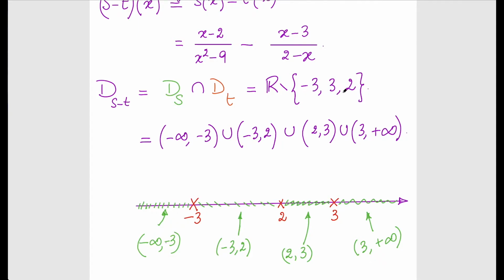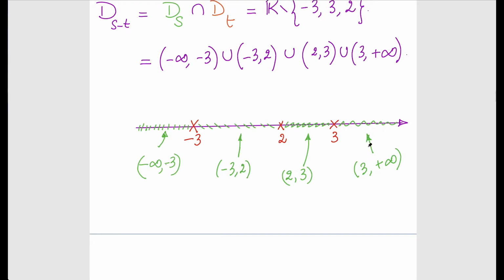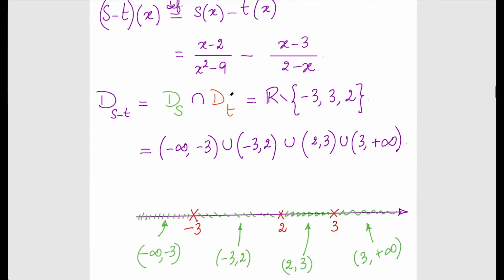As long as you list the elements there, the order doesn't matter. Saying -3, 3, and 2 are in the set, or -3, 2, and 3 are in the set is the same thing. Okay? So that would be the domain of this difference function that we just got here, right?